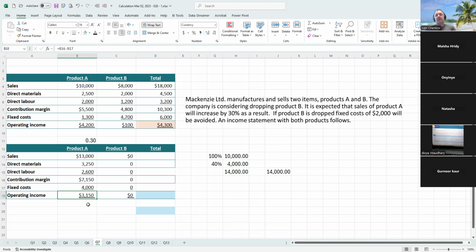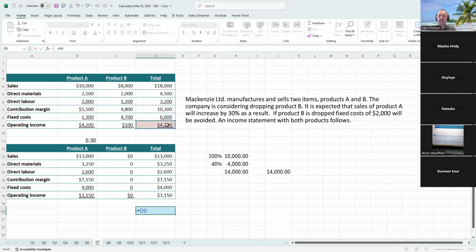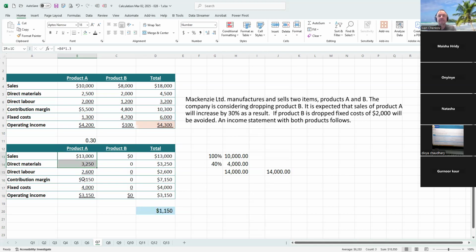So we are not going to drop this product. Shall we go for it? No, definitely don't go. Why? Because we're going to lose 3,100. How much are we losing? This one minus that one: 1,100. Do you want to lose that money?